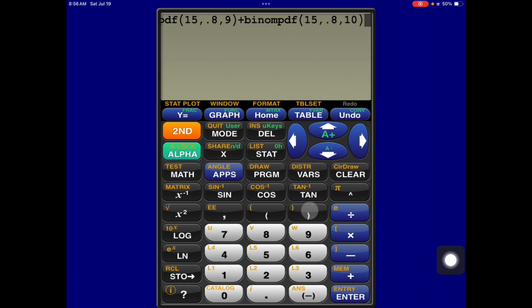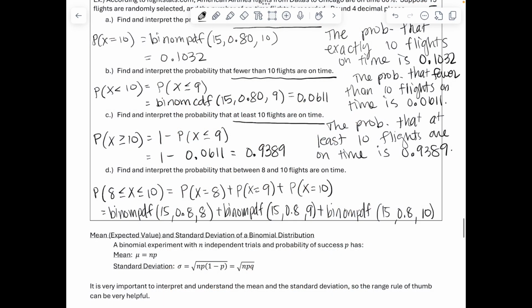Close your parentheses, select enter, and then make sure you round your probability correctly to 4 decimal places. From the graphing calculator for this problem, we get an answer of 0.1600. And so to interpret this, this would be the probability that between 8 and 10 flights on time is 0.1600.